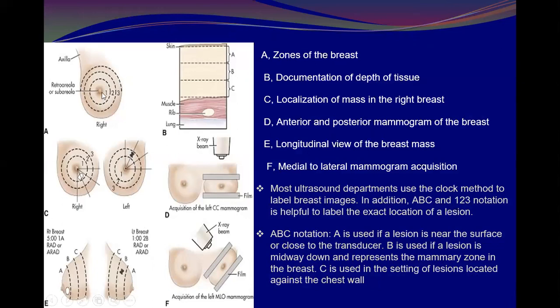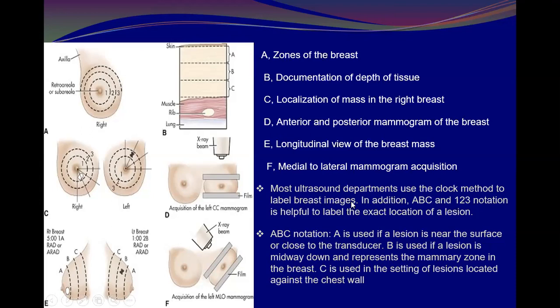Here we can just have an idea with these illustrations. These are the 3 zones, and this is the depth of the lesions. Also the depths by zones: zone A is anterior, B is middle, C is posterior. Posterior is close to the chest wall. So we can also describe the lesion as on mammography, as these zones more or less correspond to the zones on mammography.